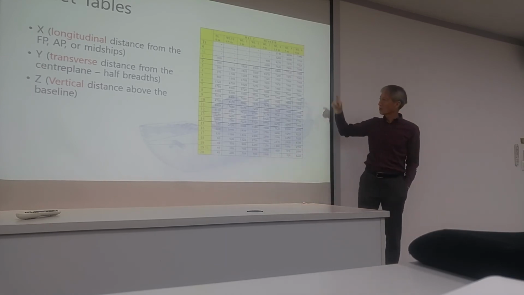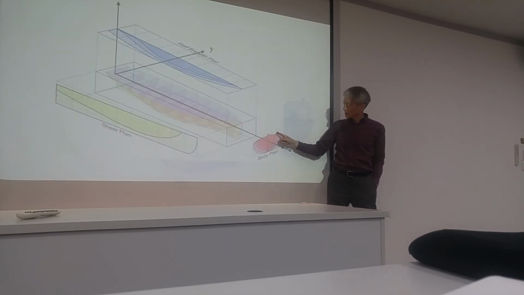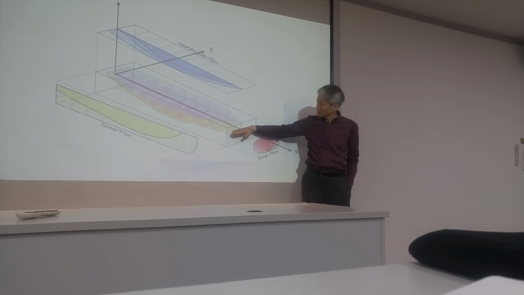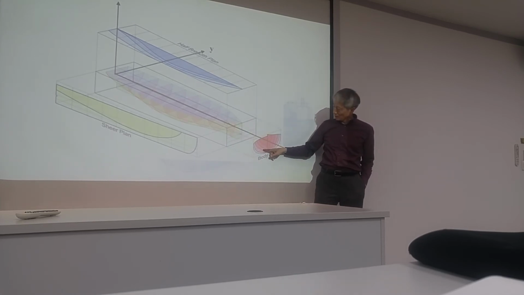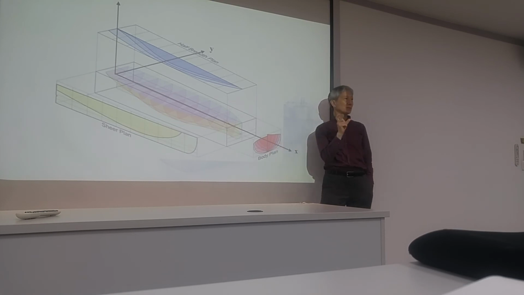Once again, can I go up? So for each station and each water line, there are, say, 4 or 5 stations for water line 1, water line 2, and there are breadth values.